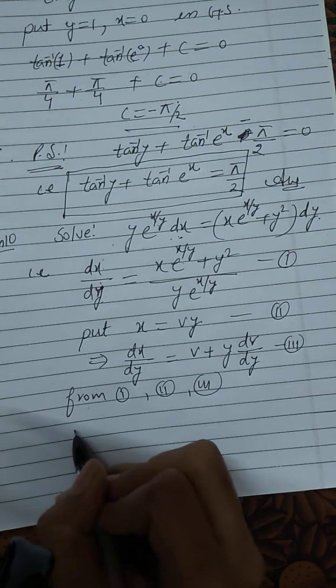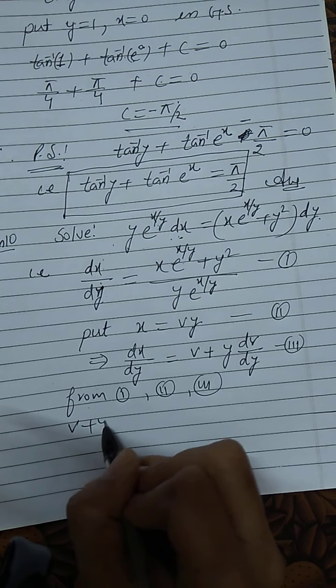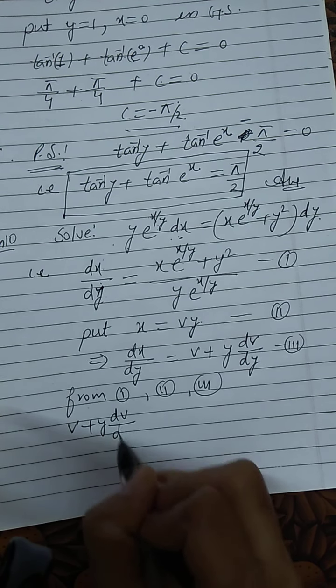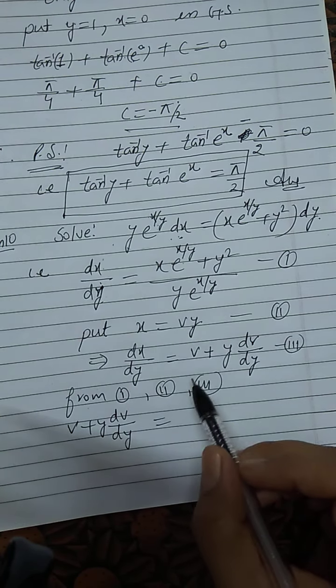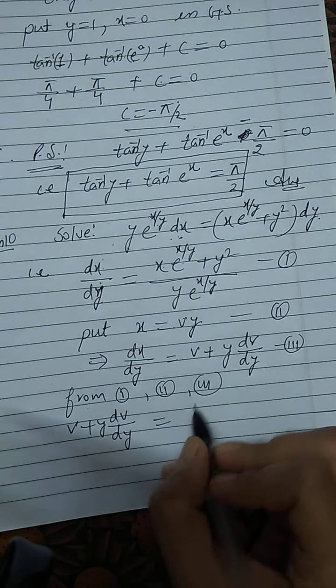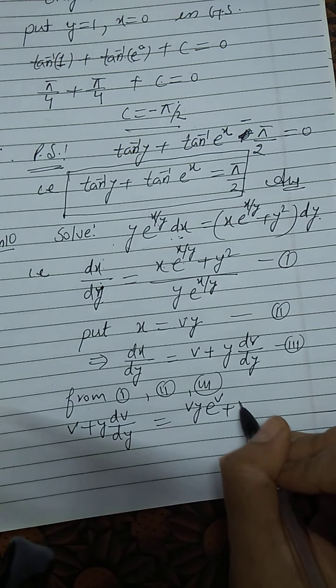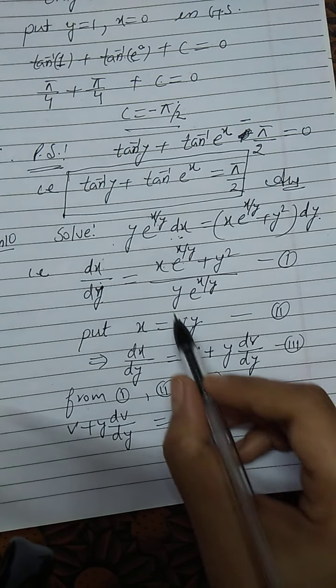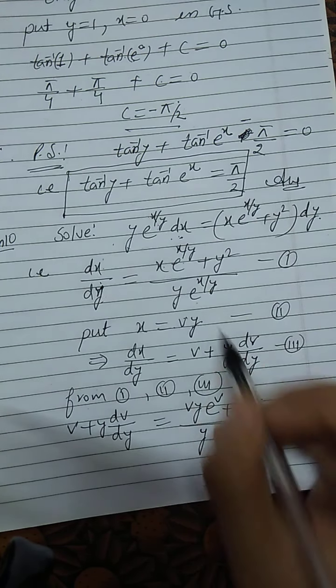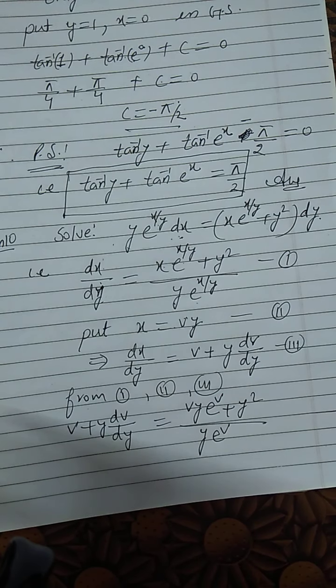the values of dx upon dy and x in this. So we are getting here v plus y dv upon dy is equals to, in place of x we have to put vy, e raised to power v, y square will come as such, y as such, e raised to power v.